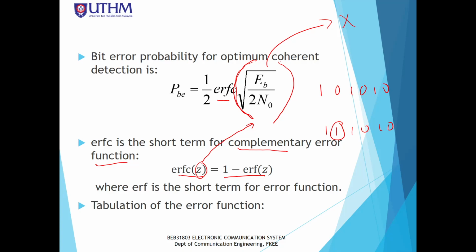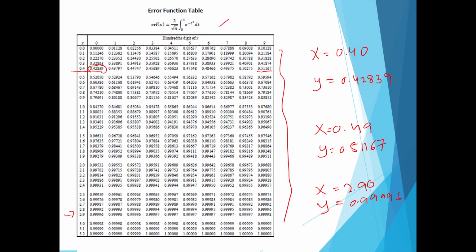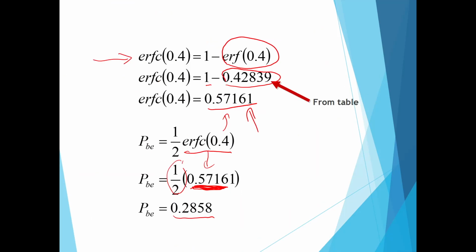So for probability of bit error using coherent detection for ASK, for EB over N0 0.4, you will get 0.2858.